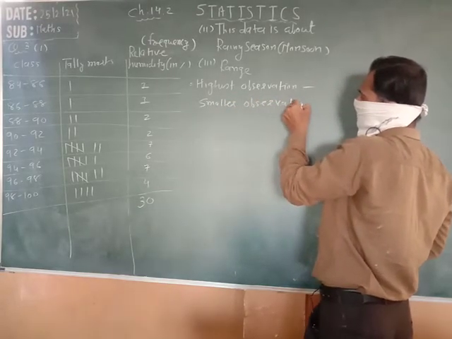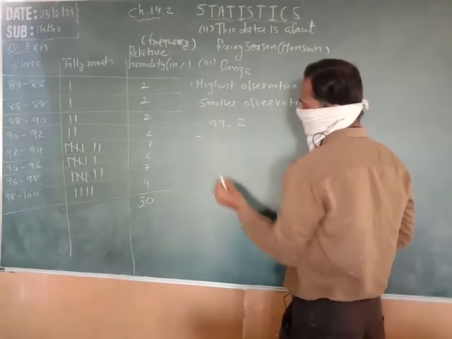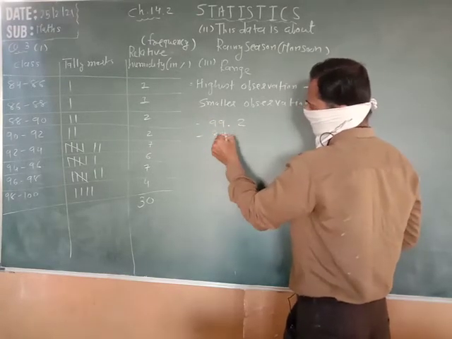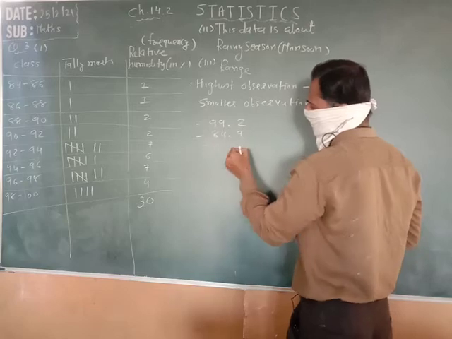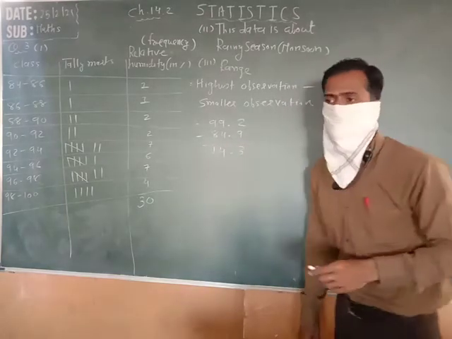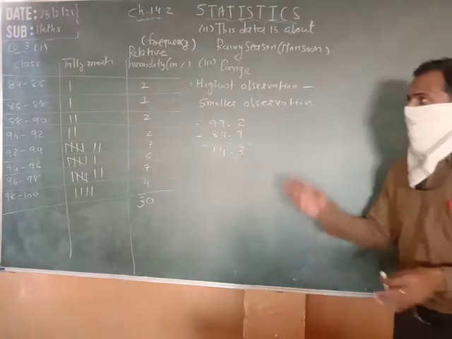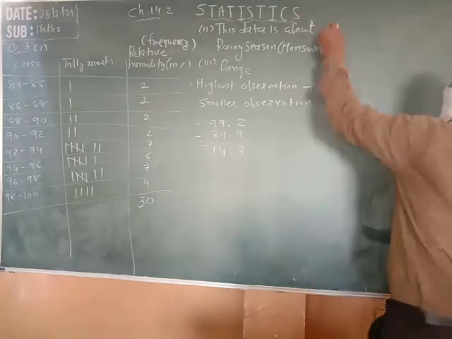The highest observation is 99 and the smallest is 84.9. If I subtract these, I will get 14.3. So the range of this data is 14.3. Okay, question number 3 is over.